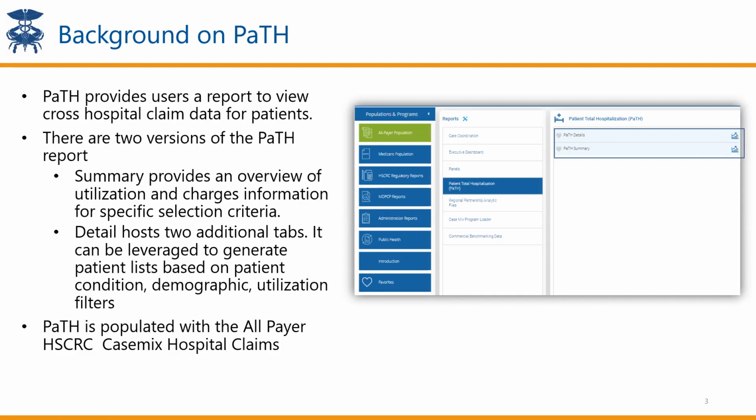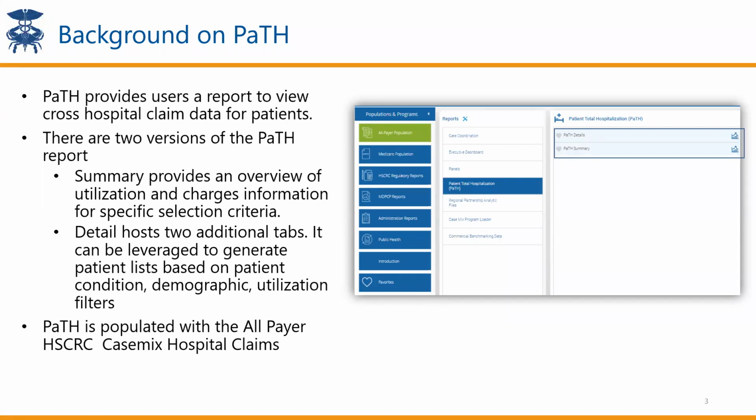Most users, if you're associated with a hospital, will be familiar with the previous PaTH report as the application to view cross-hospital claims. But one of the major changes is anyone with an ENS panel can also utilize PaTH to view hospital claims on their patients.